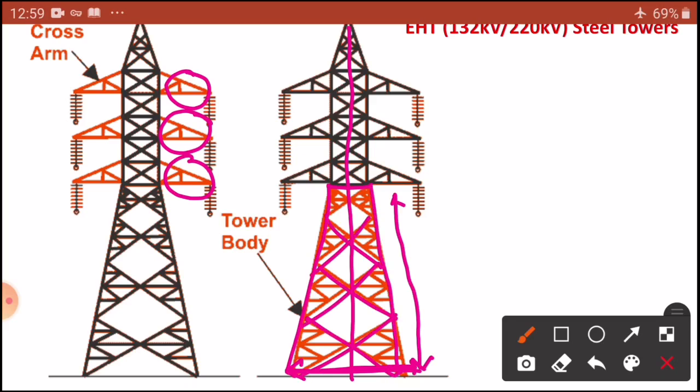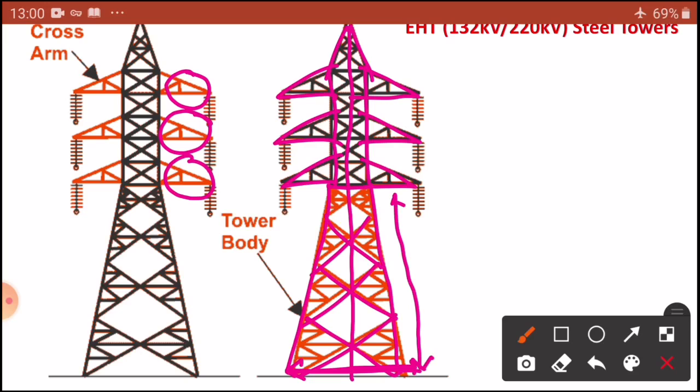After that you take another dimension, straight lines here, and lastly the ground wire purpose here, and you draw from the cross arms for each face. Here each face you are going to draw. So this is the total structure. Okay, so we will draw that one, don't bother about this one.